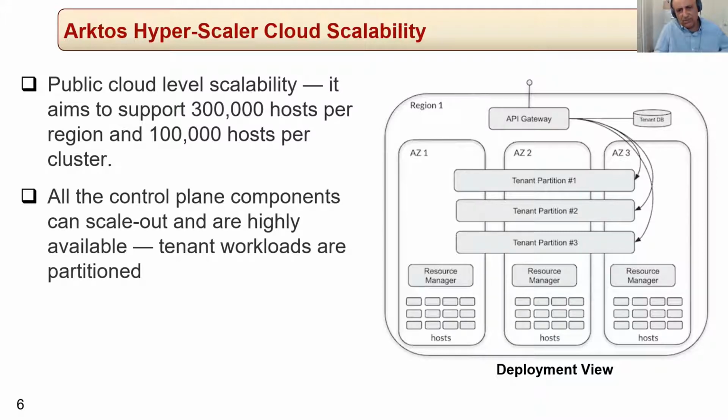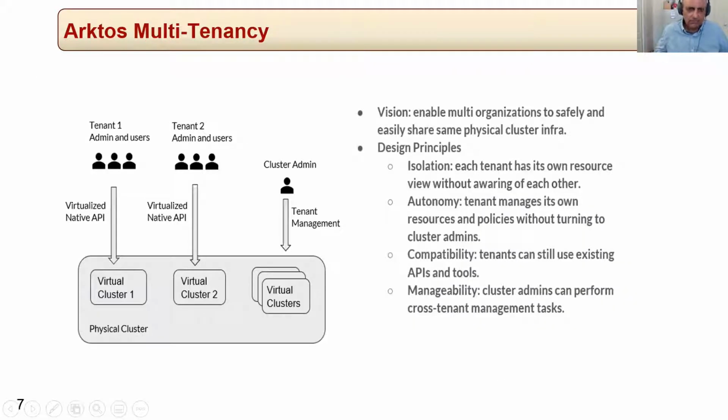So if one tenant partition goes down, the cluster still works. You know, the rest of the tenant partitions still work. So there's no single point of failure. And then the tenant workloads are partitioned. So multi-tenancy is kind of built in as part of our platform.